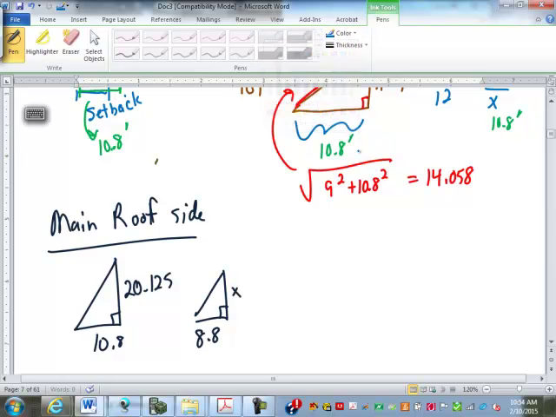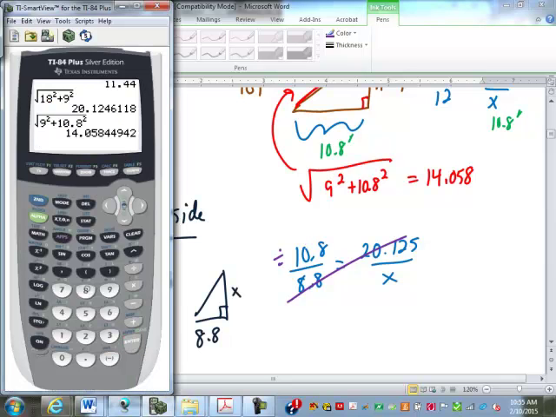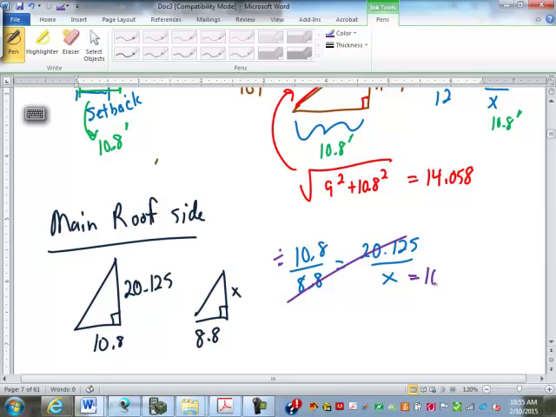So that's going to give us 10.8 over 8.8 equals 20.125 over X. Cross multiply and divide. So 8.8 times 20.125 divided by 10.8 gives 16.398 feet.